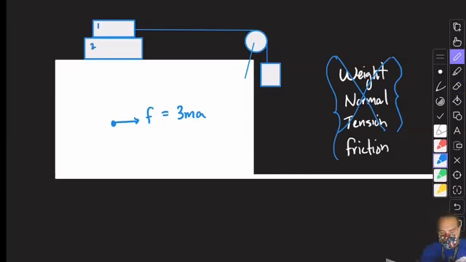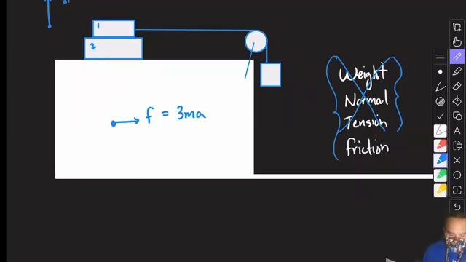So when I consider the frictional force acting on block 1, there is a normal force upwards from block 2. So this is block 2 on block 1. That's the only normal force that acts on that block.